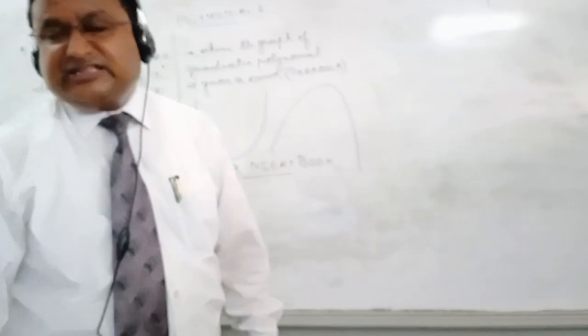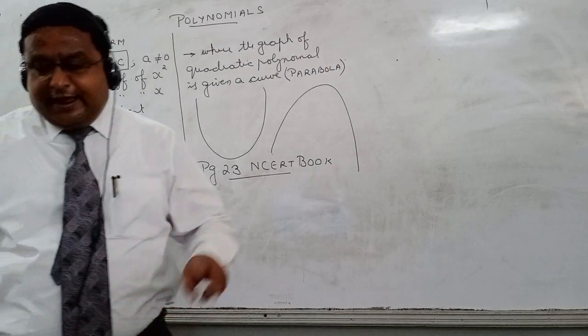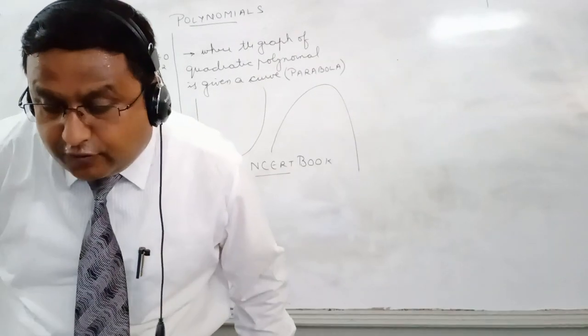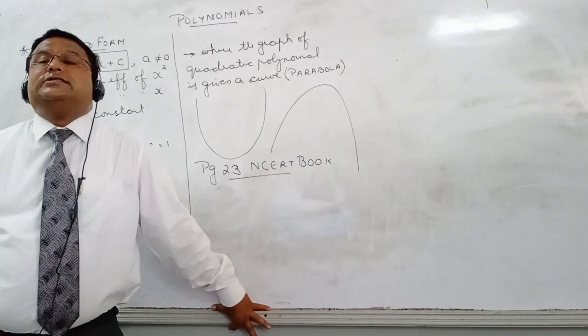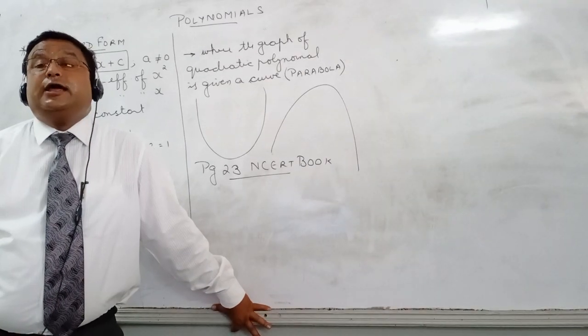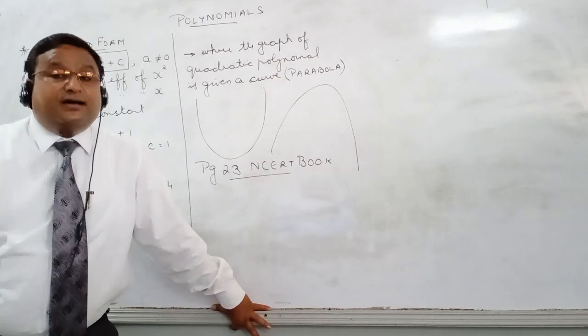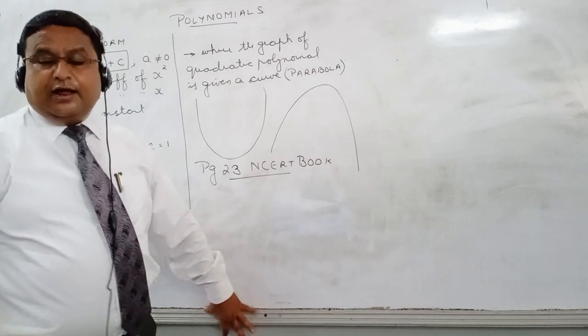That curve is touching the x-axis at 2 points. Can you see that? One of the points is minus 1, 0 and the other point is 4, 0. So those points are called the zeros of the polynomial. By the graph, we can identify the zeros of this polynomial.